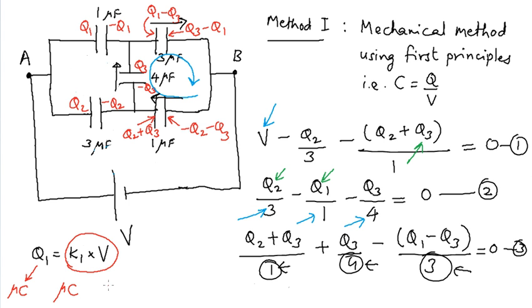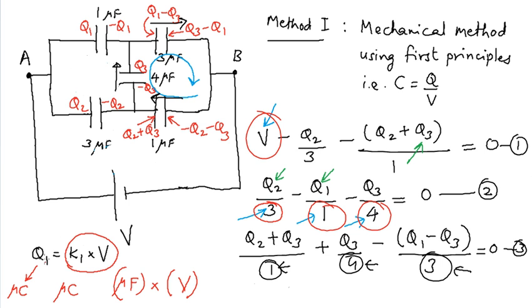Now the only way to get microcoulombs with the given constants, that is with 3 microfarads and 1 microfarad and 4 microfarad and V, which is in volts, would be to multiply some number in microfarads with the only number in volts which is equal to V. And that is why I am pretty confident that the answer for Q1 in microcoulombs is going to be K1, which is some number in microfarads multiplied by V, which is in volts.